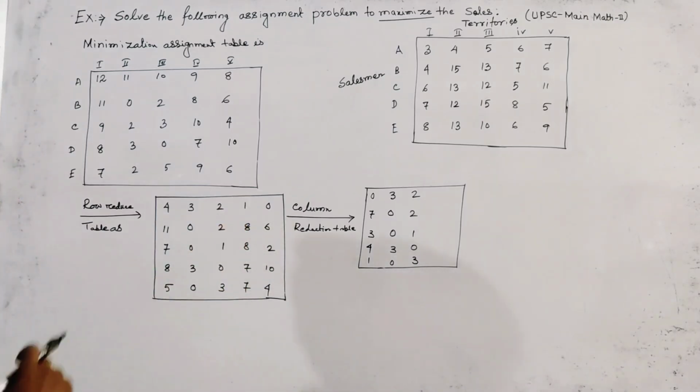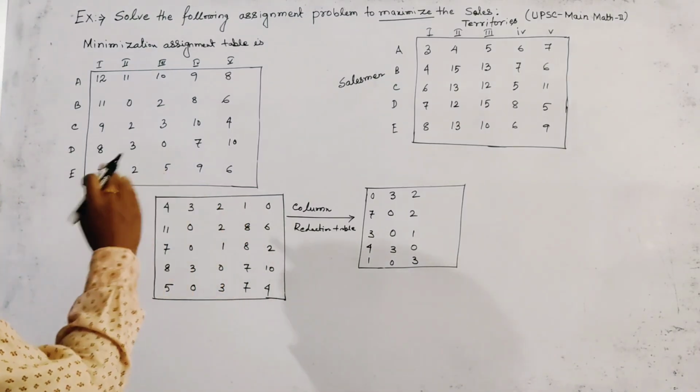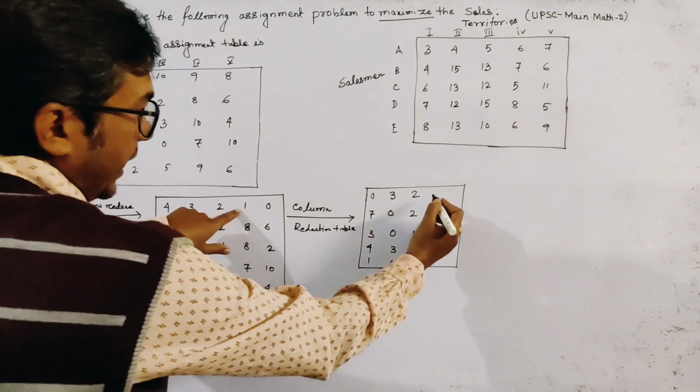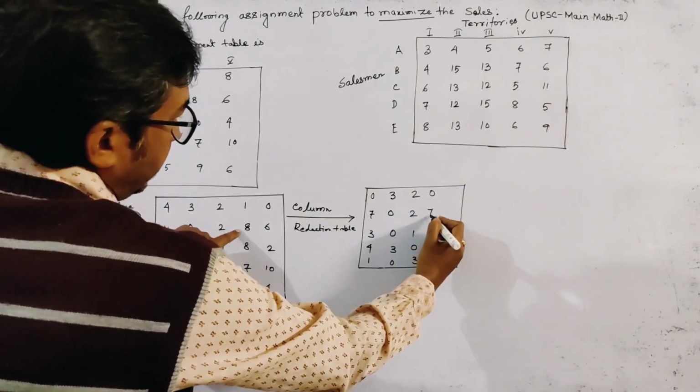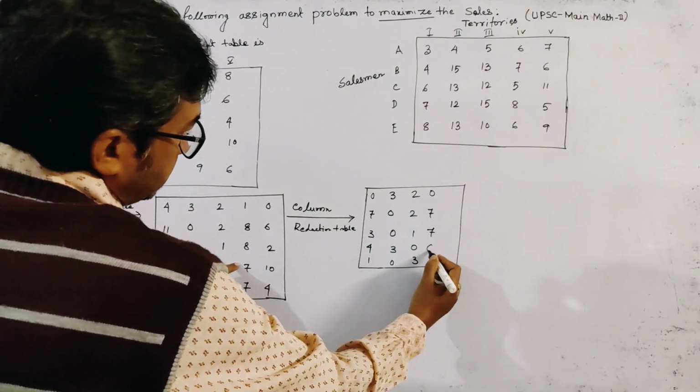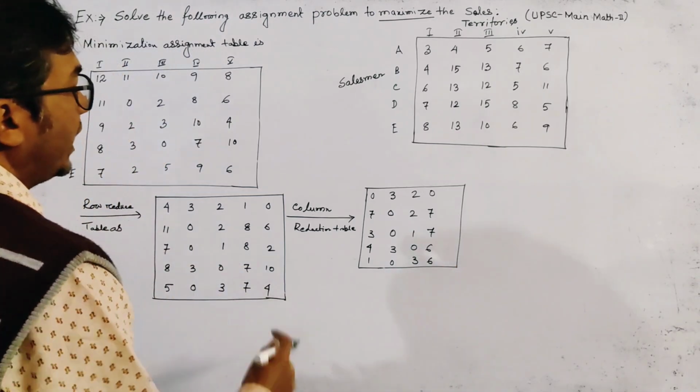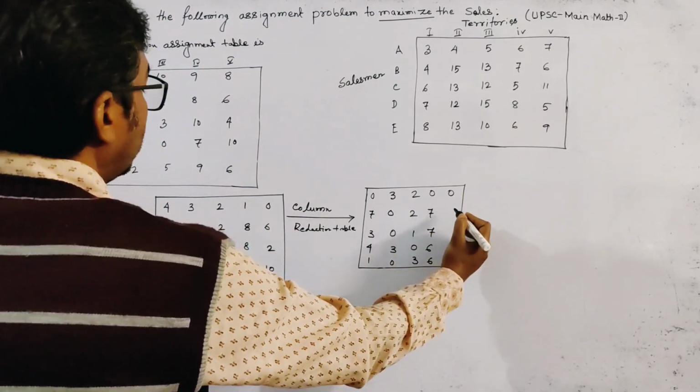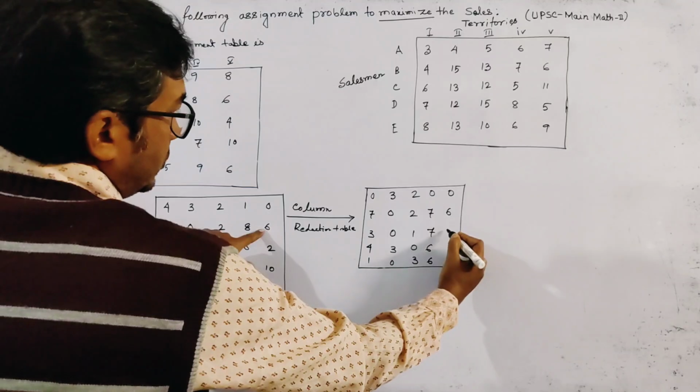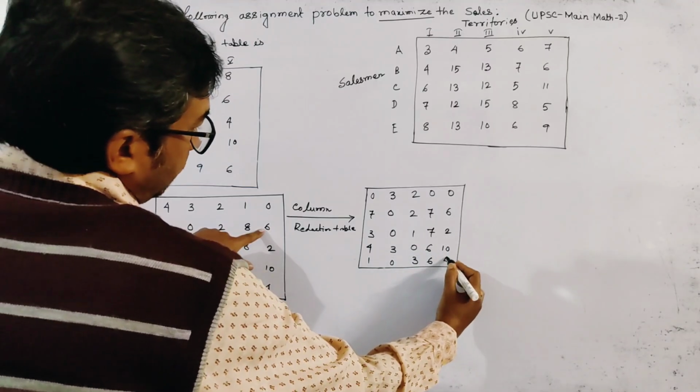For the fourth column there is no 0, so we subtract 1 from each element, and this is 0, 7, 7, 6, 6. In the last column there is a 0, so this is unchanged: 2, 10 and 4.